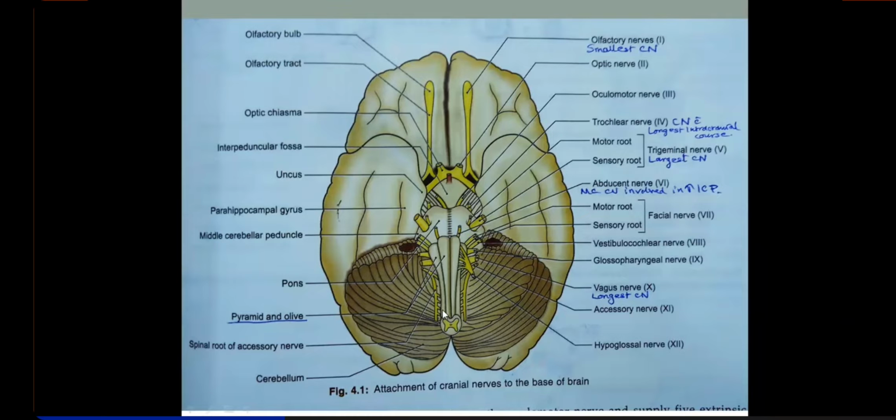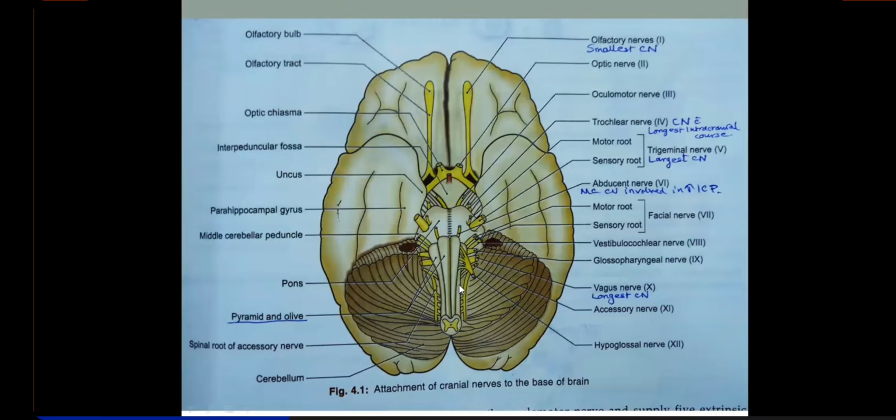Then from the posterolateral sulcus, above to below, it will be the 9th, 10th, and 11th cranial nerves. So from the posterolateral sulcus, glossopharyngeal arises, then the vagus, then the cranial portion of the accessory nerve. And as I told you, there is a spinal nucleus of the 11th cranial nerve in the upper cervical segments of the spinal cord.